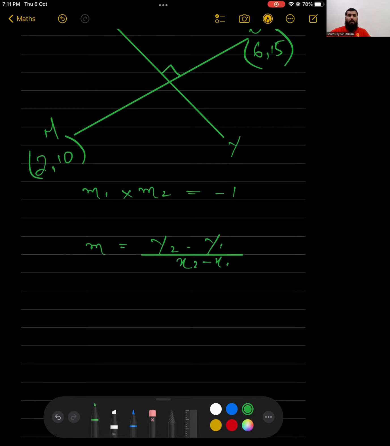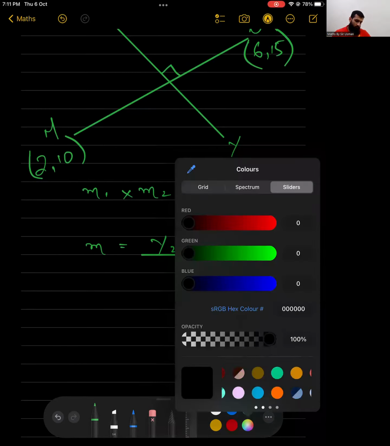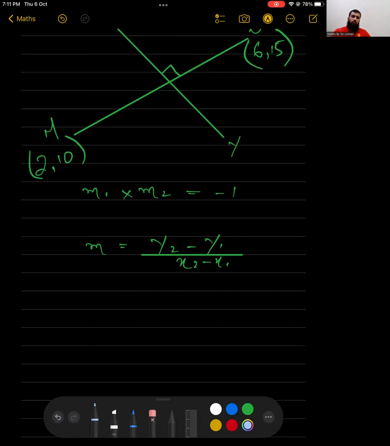Using this formula, find the gradient of line MN. Okay, so we have -4/5 as the gradient of MN. Is everyone else getting the same answer?